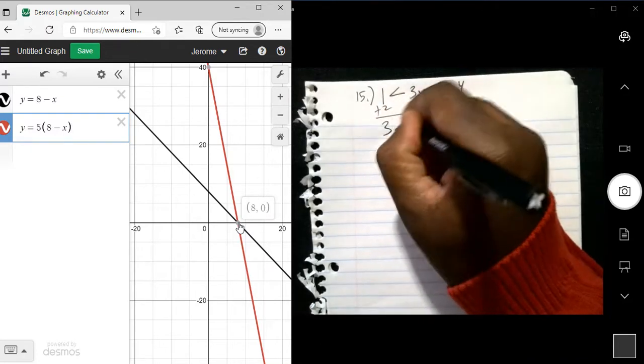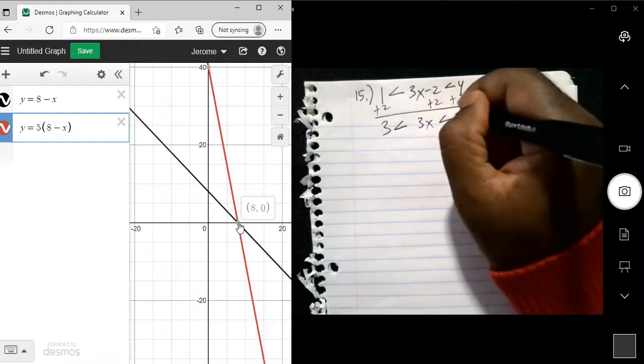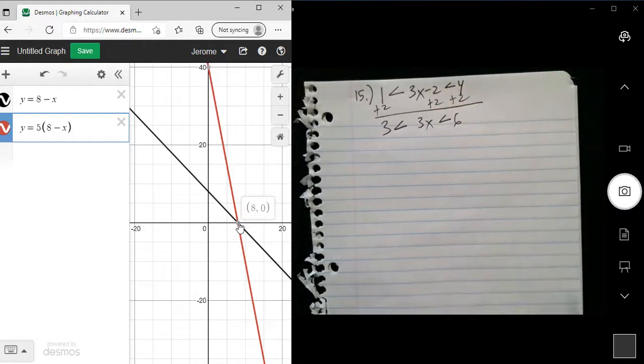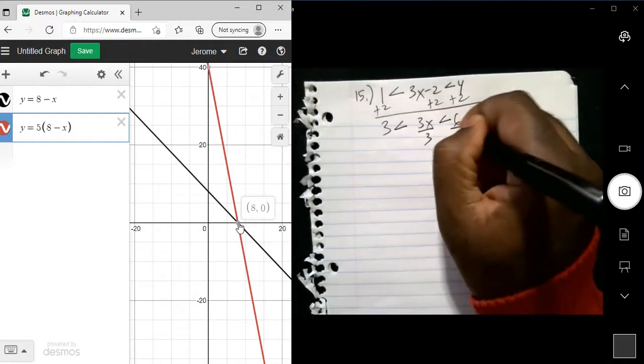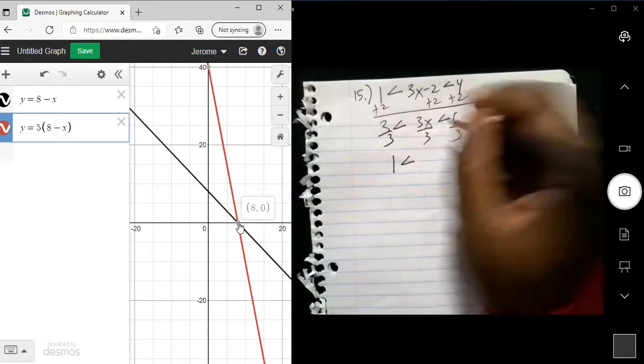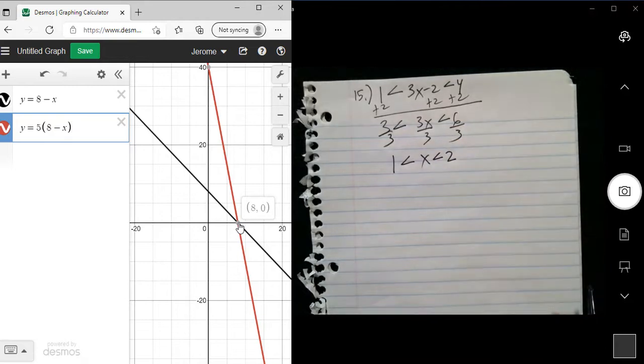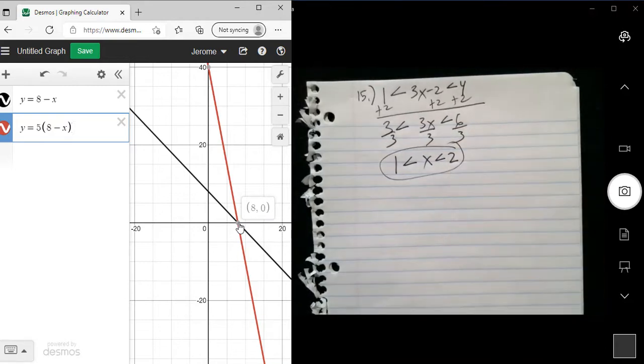So we get 3 is less than 3x, which is less than 6. We divide all 3 values by 3, and we get 1 is less than x, which is less than 2. And that is the final answer for 15.